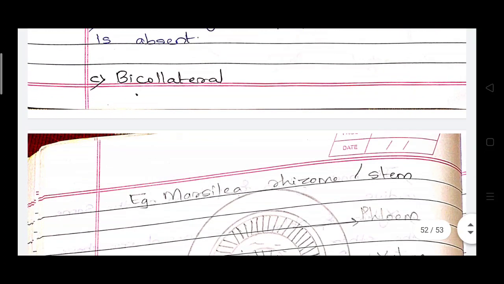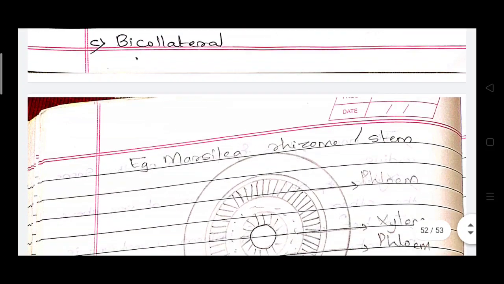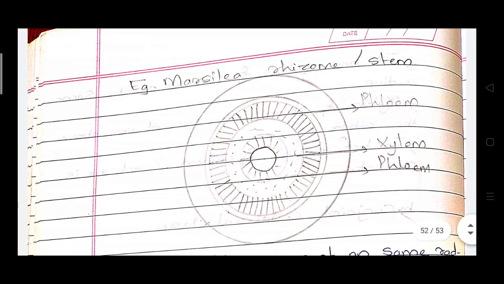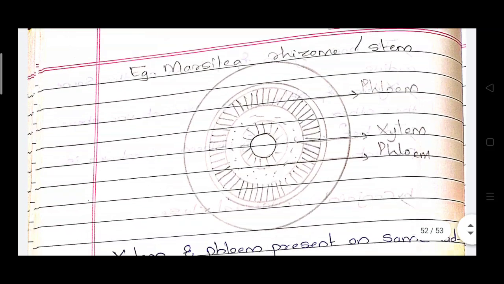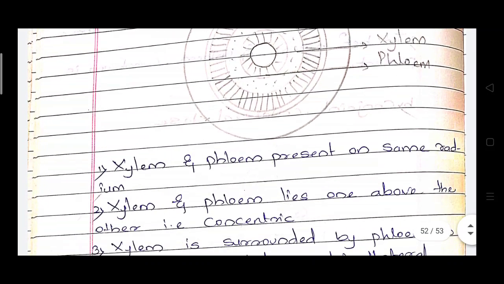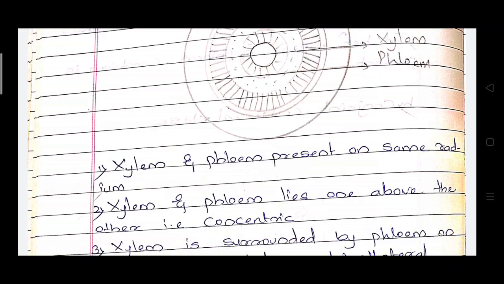Then the third type of collateral is the bicollateral, and its example is the Marsilea rhizome or stem. You have to see this picture. The outer layer is phloem, then in between is xylem, and again at the inner side there is phloem.